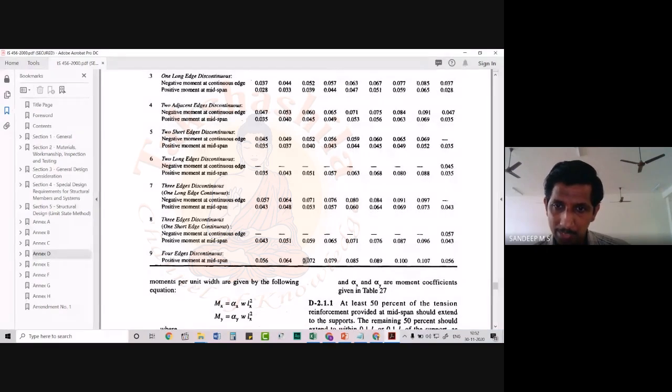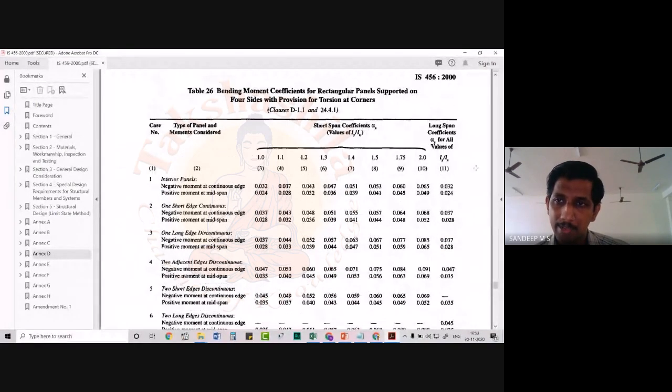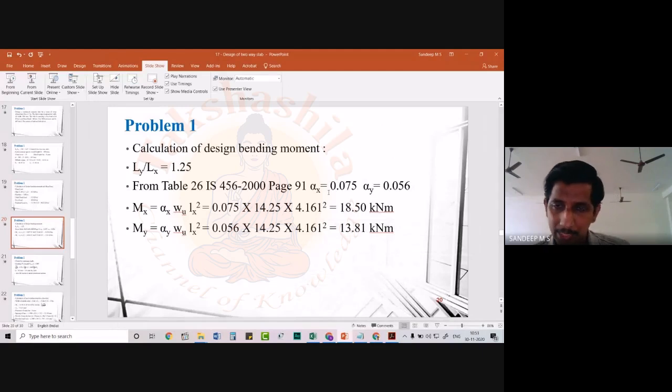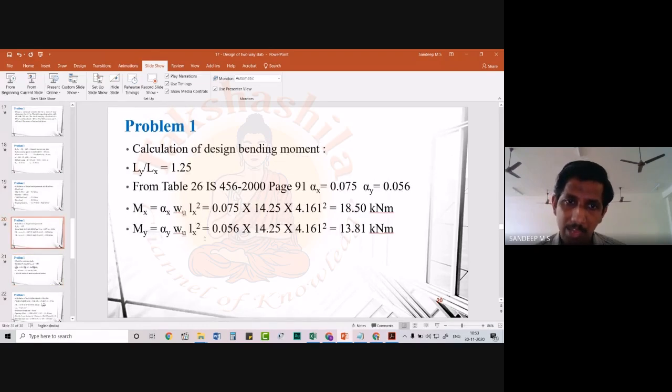So alpha x will be in between 0.079 and 0.072. Similarly, we have the value of alpha y here. You have to interpolate and find the value of alpha x, and directly take the value of alpha y. So we get alpha x as 0.075 and alpha y as 0.056. Once you get these, you just substitute them in the equation.